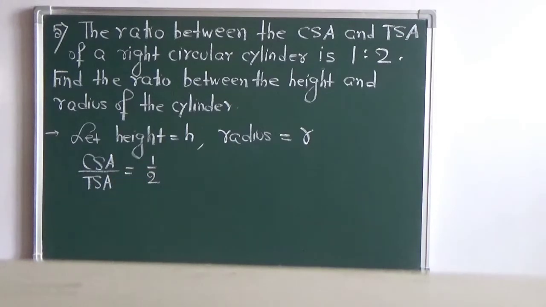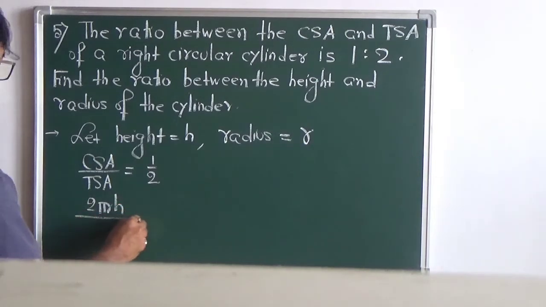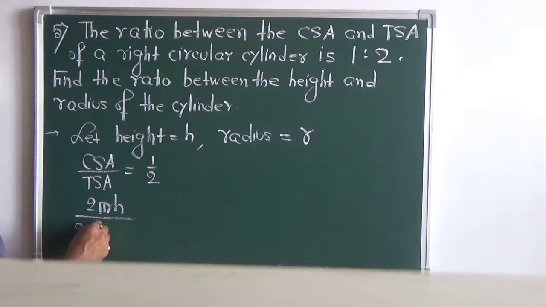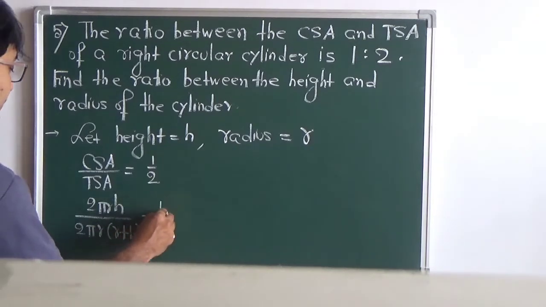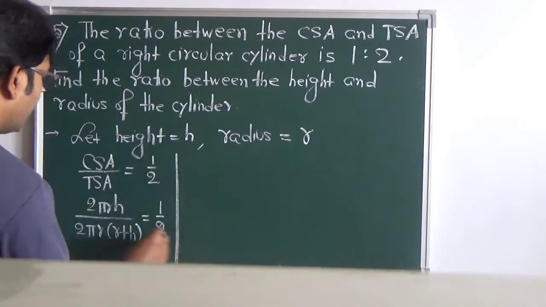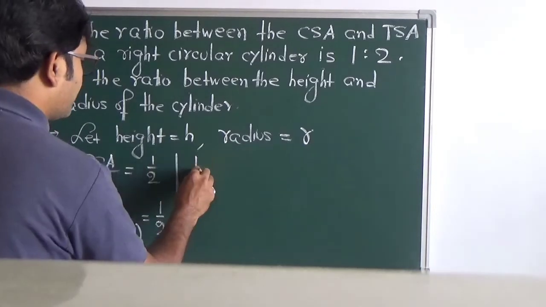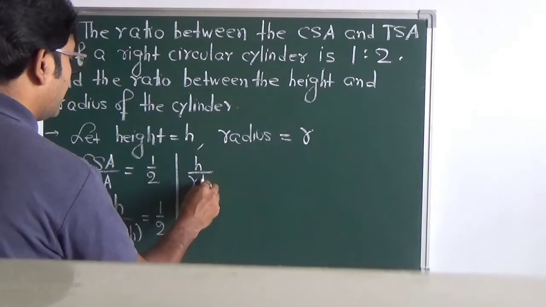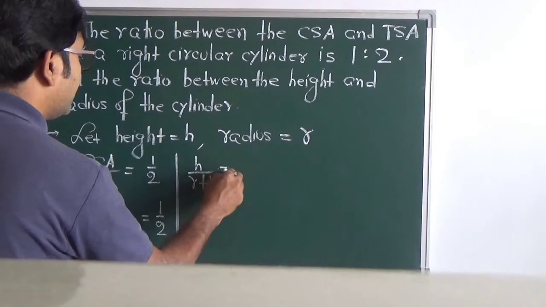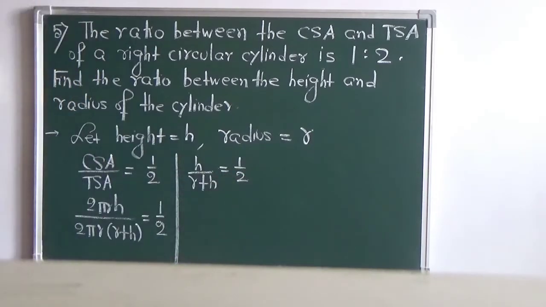So you just write the formula. This is 2 pi r h and this is 2 pi r into r plus h, and this gives 1/2. Now 2 pi r and 2 pi r will be cancelled, so we can write here h divided by r plus h equals 1/2.